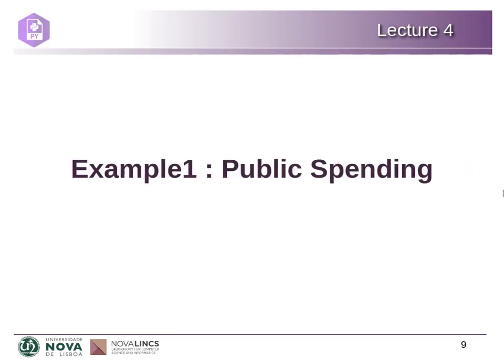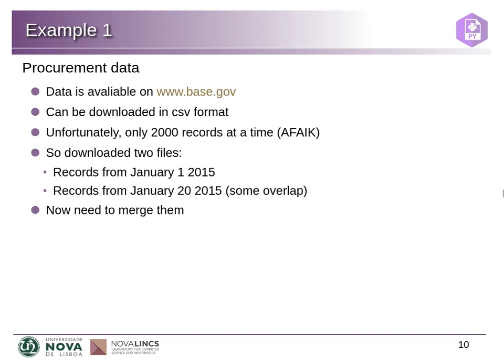So let's start with one example. We can go to this site, base.gov, which has records of public spending in Portugal. I think we can only retrieve 2,000 records at a time, at least when I downloaded this data set. This was the constraint.